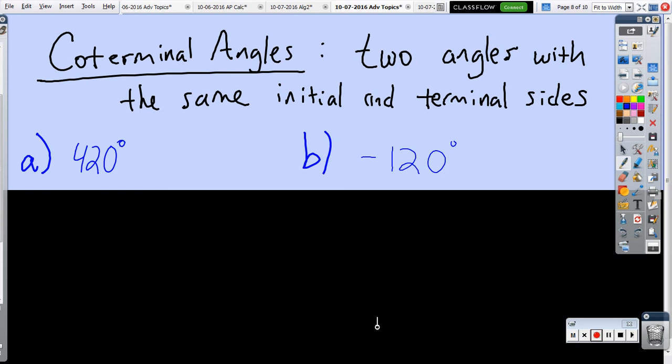And I'll show you. So what did you get? Did you get it? It's got to be positive, but less than 360. You said that we could subtract 420 from 360, and we got 360.